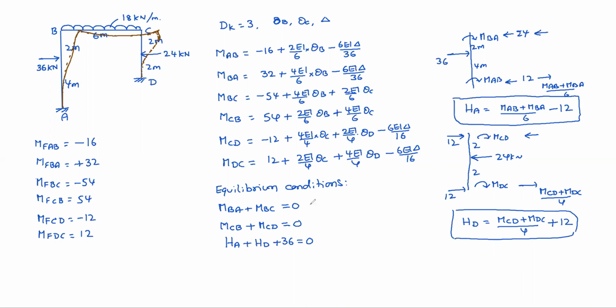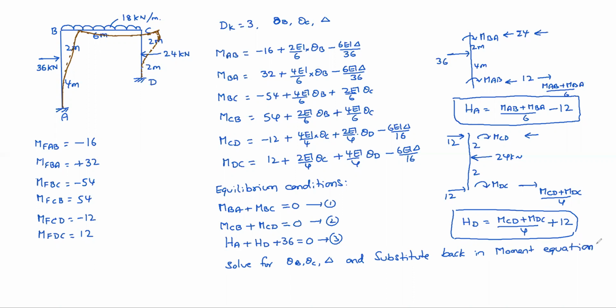If you substitute these values of HA and HD, you'll get three equations, 1, 2, 3. Solve for theta B, theta C and delta, and substitute back in the moment equations. This is the procedure.